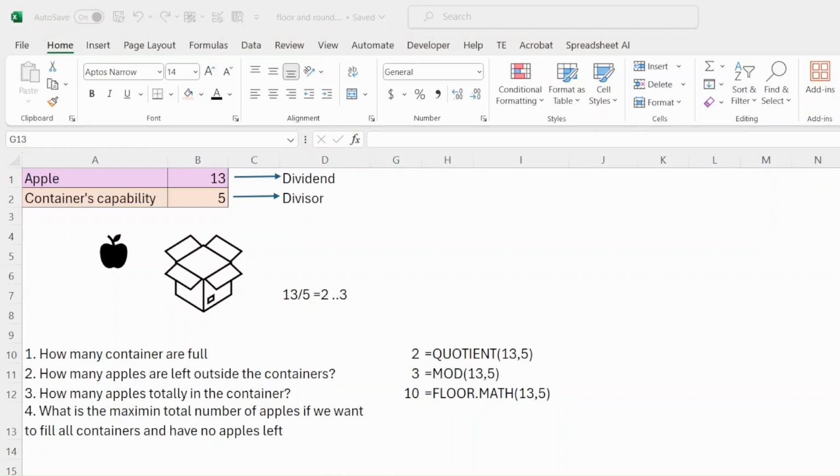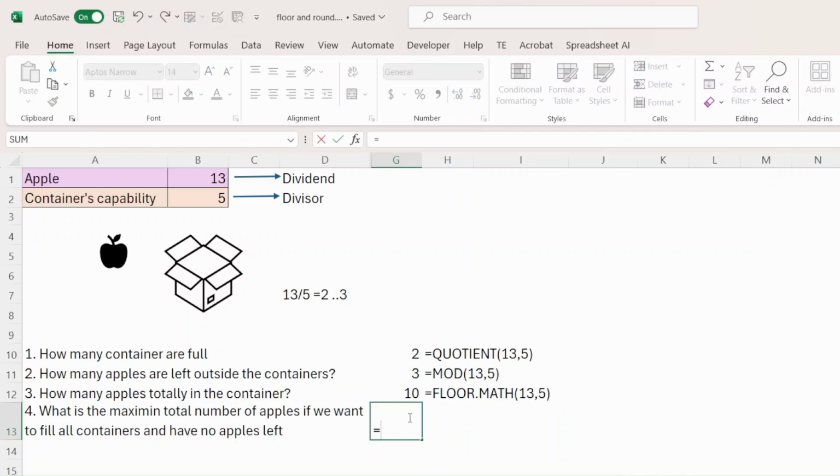The last question is, what is the maximum total number of apples if we want to fill all containers and have no apples left? So here's another function, the opposite of FLOOR.